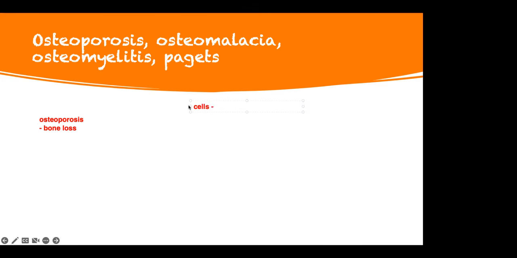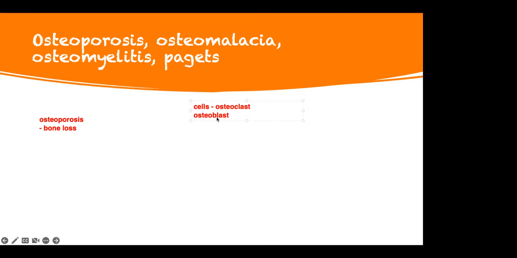There's the osteoclast and there's the osteoblast. Clasts basically try to chew the bone, and blasts make bone. Somebody is making bone and somebody is breaking it down.